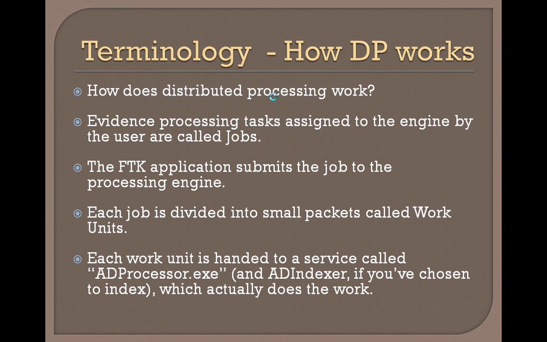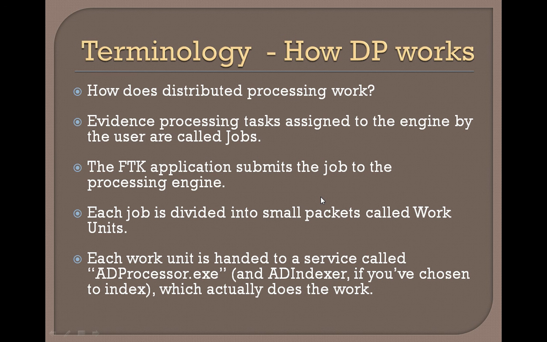The work units will then be doled out to the header and to the other helper processor engines as required. You'll notice that if you go to the worker machines and you pull up Task Manager, you're going to see AD processor.exe and AD indexer.exe, assuming you're indexing as well. And you're going to see that those are going to stay at a pretty high level of use while that's going on.